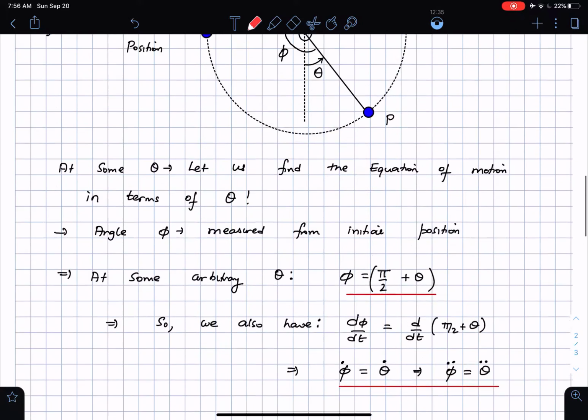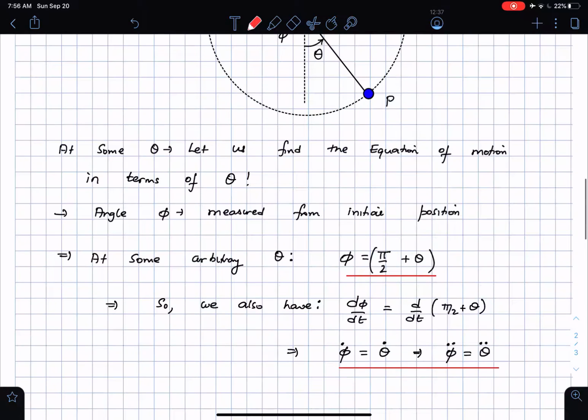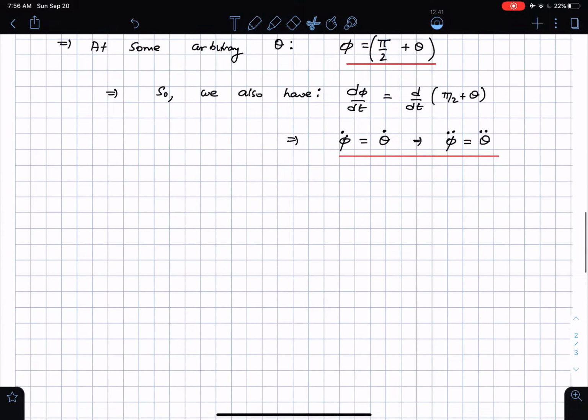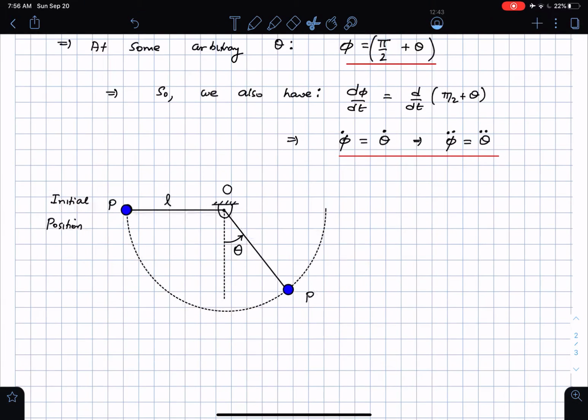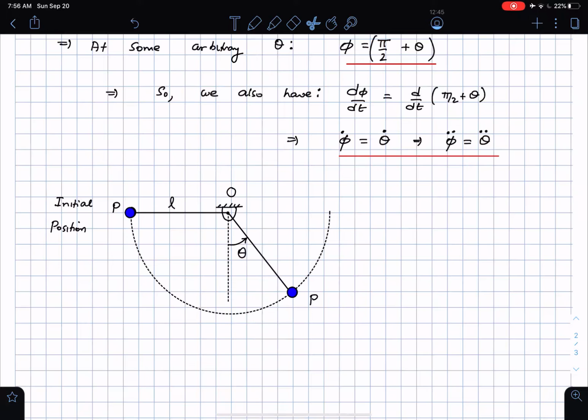Then what do I do? I set up a unit vector frame. I'm going to set up a coordinate frame here. This is the angle phi as I'm measuring. I'm going to set up a unit vector system in the direction of the particle P, and this is going to be the E suffix R direction.